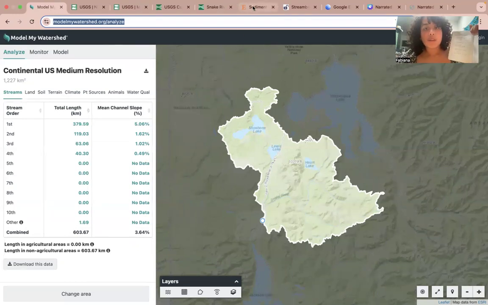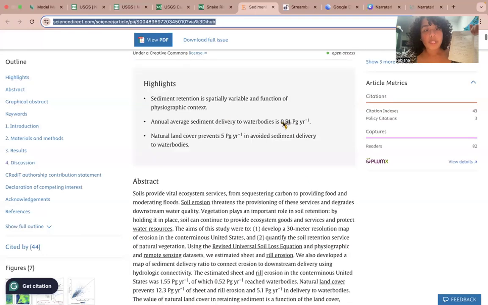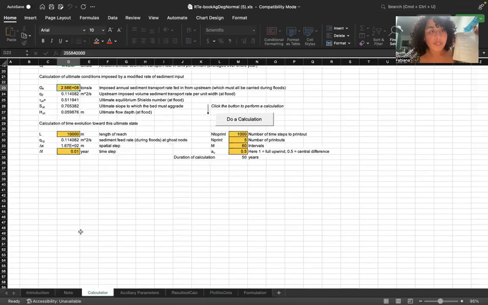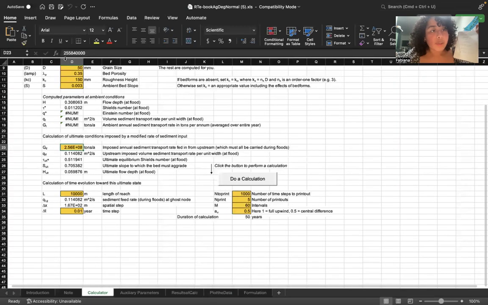So then I used this paper, which helped me use the average sediment delivery to water bodies. And when I multiplied those two, I got a number that I will present over here, which was 255,840,000. And that was how I found my sediment input.